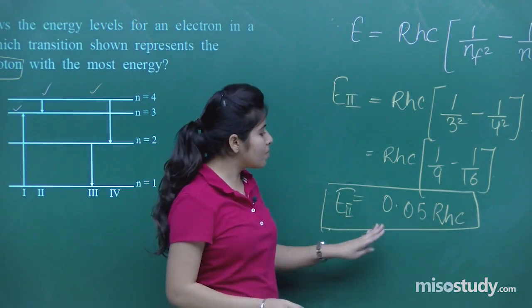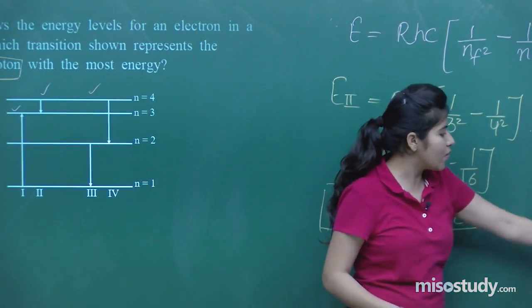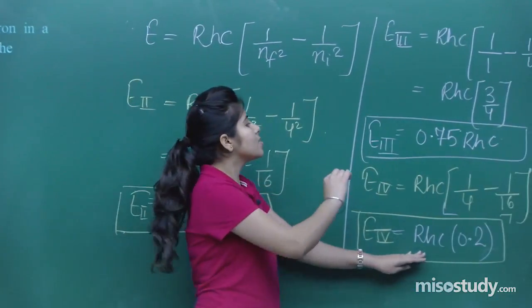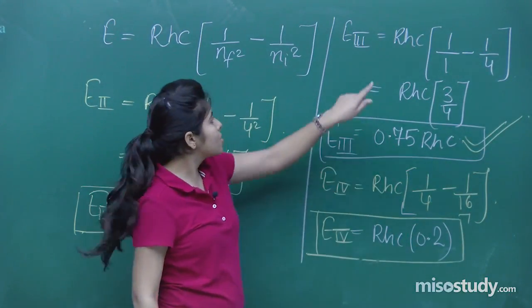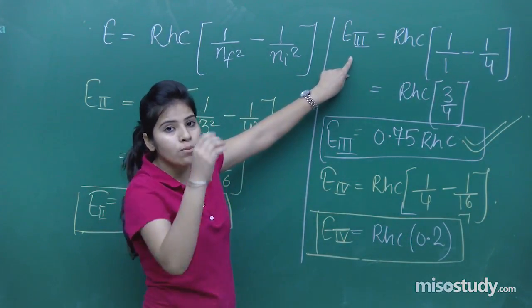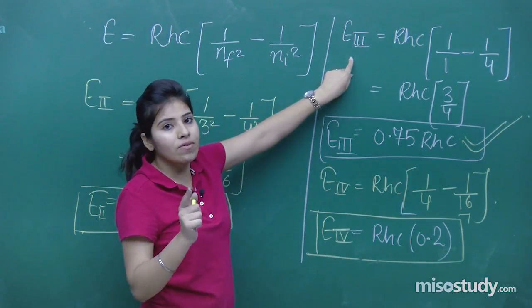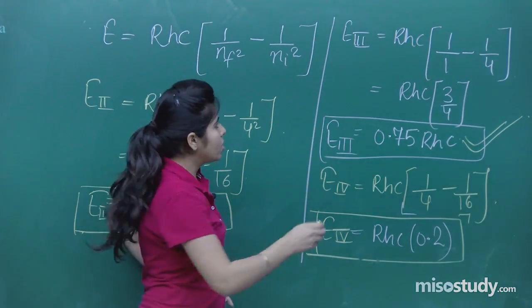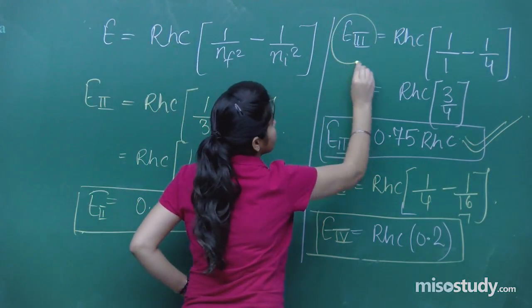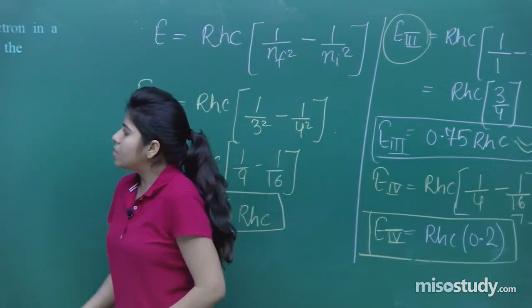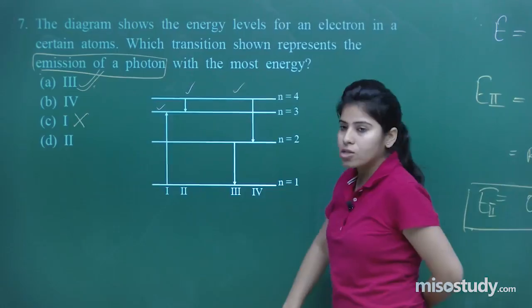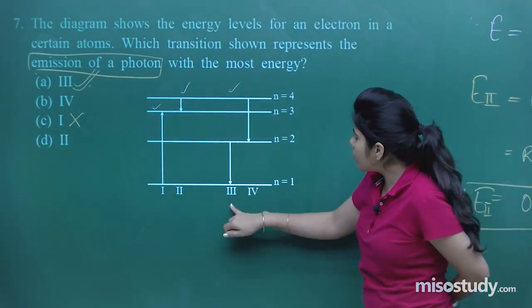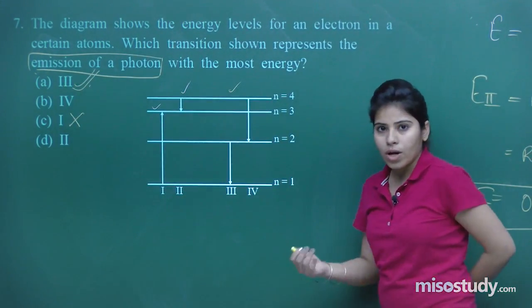Now, among these options 0.05, 0.75 and 0.2, 0.75 is the maximum energy. That means the transition from 2 to 1 will give us the maximum energy, and this is the third one. So that means this will be the correct answer for this question. The third one, coming from 2 to 1. Okay?